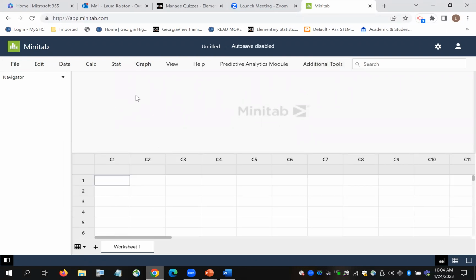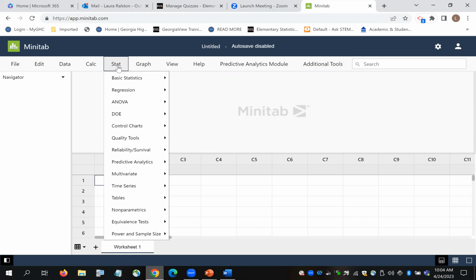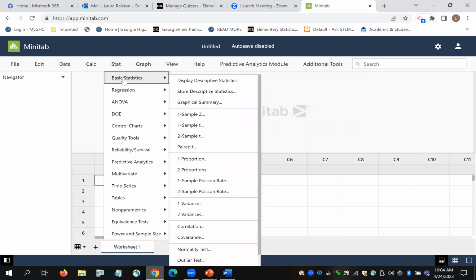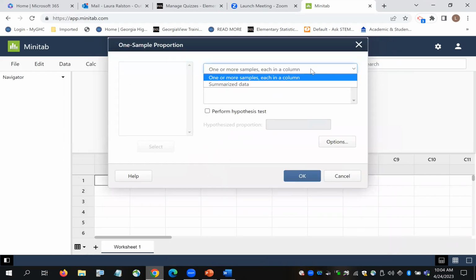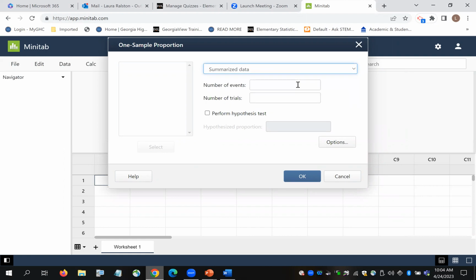Okay, so we need to do a one proportion Z-test. So I'm going to Stat, Basic Statistics, and I'm going to One Proportion. I have summarized data. The number of events, I had 9 people say that they smoke out of 70 trials.